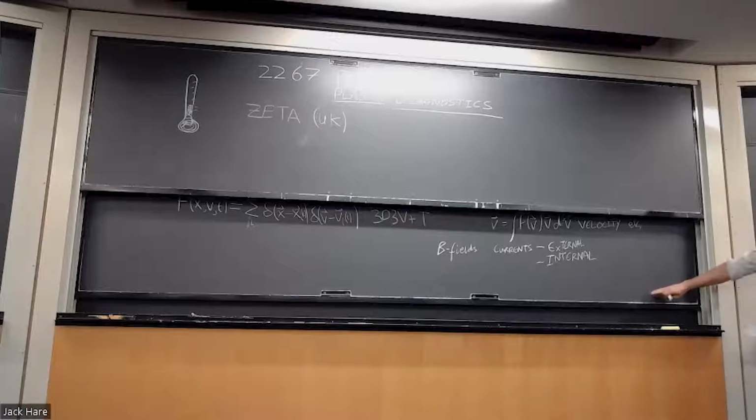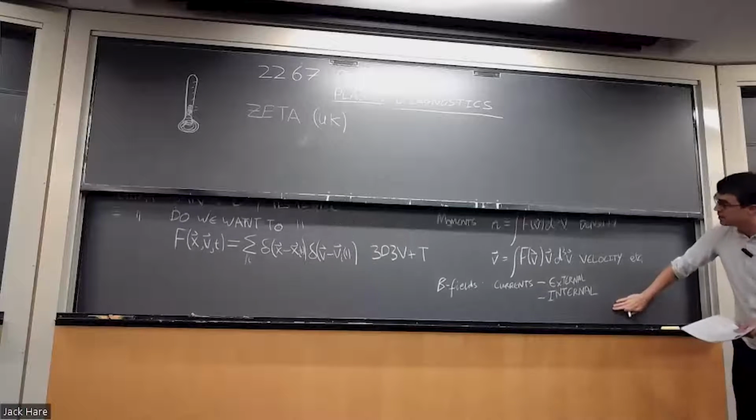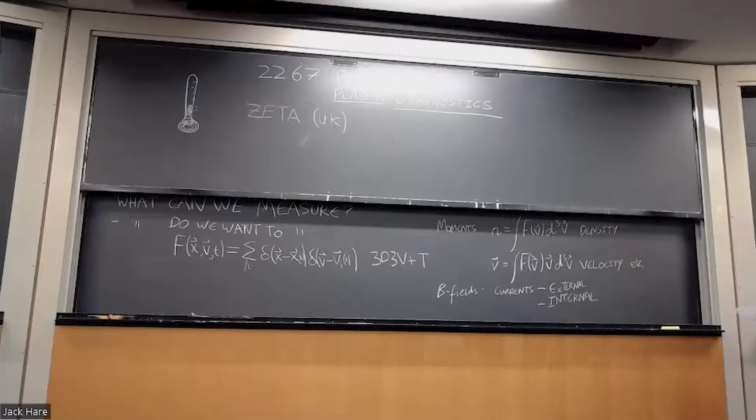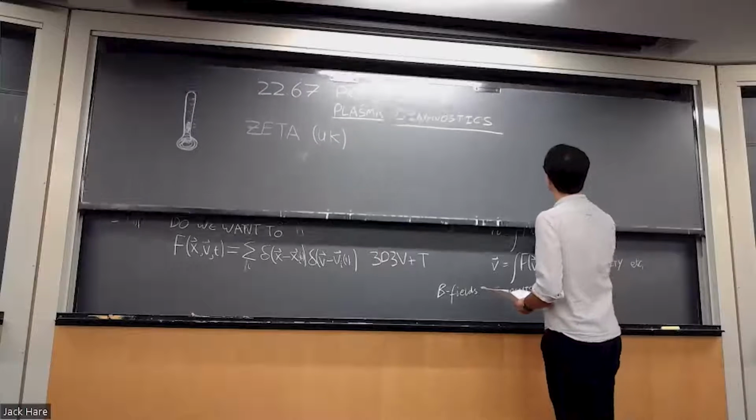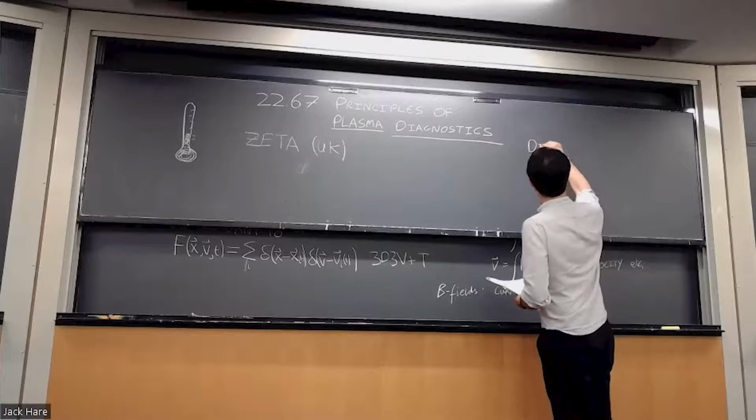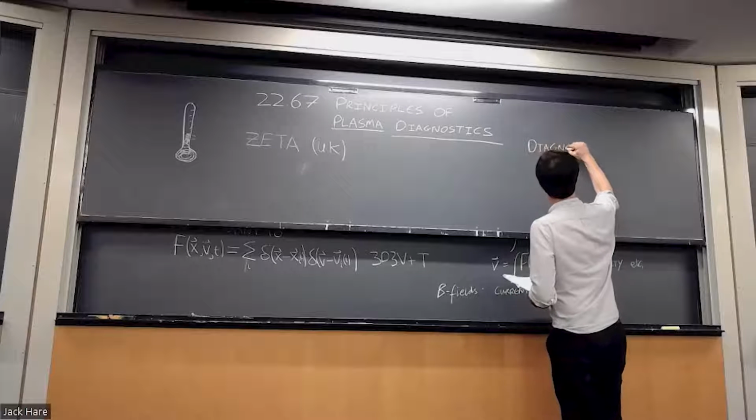Now, in reality, even if we can measure density and velocity and magnetic fields, we're not really going to be able to get them at every point in space and time. We're quite limited. So, diagnostic limitations.